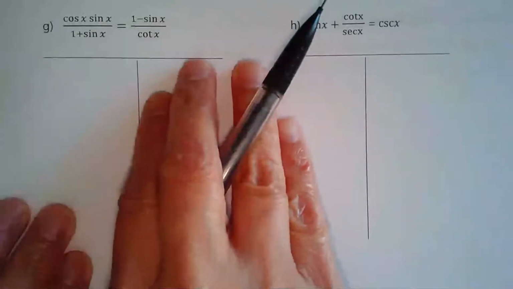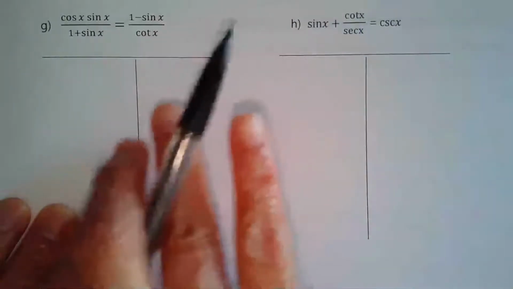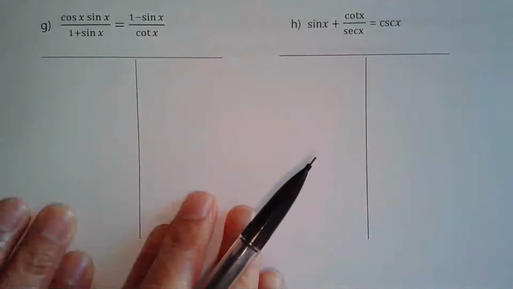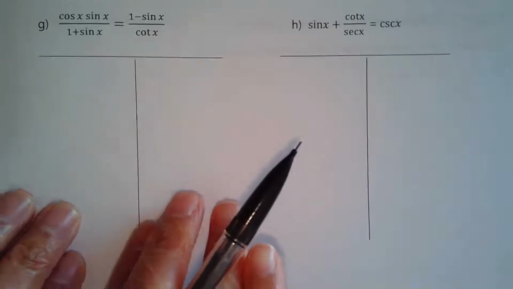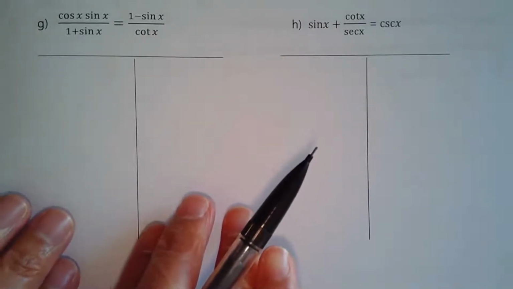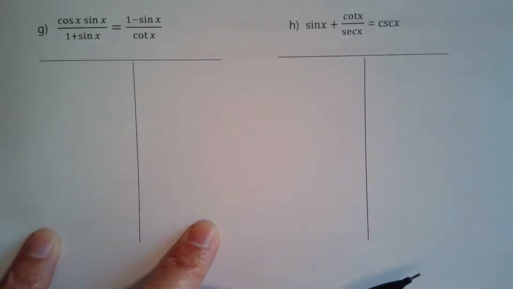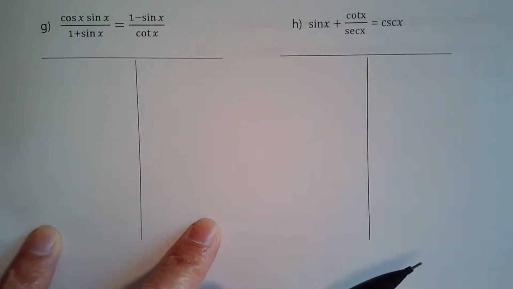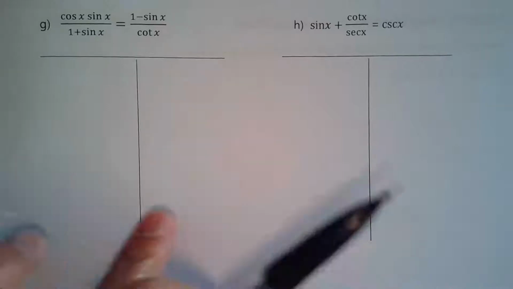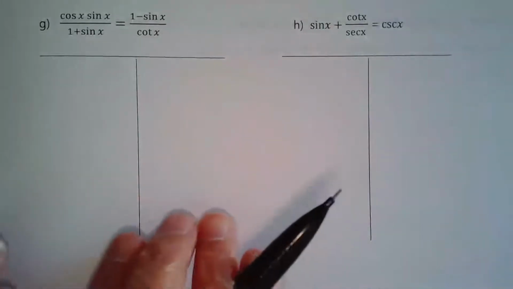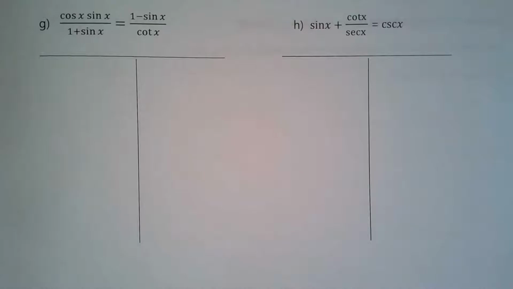If you work on both sides, and you're able to show that where you got stuck on the left is where you got stuck on the right, that means it's the same. As long as you make the left side look like the right side, it should be good.